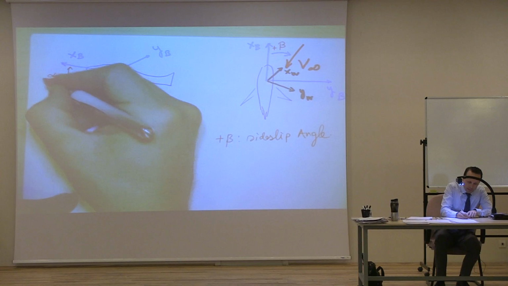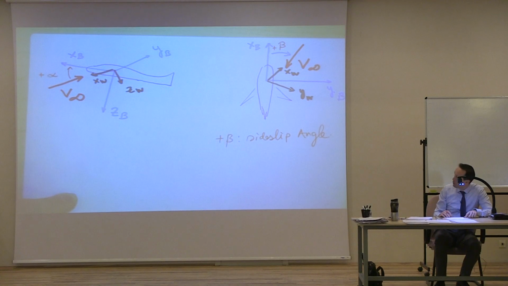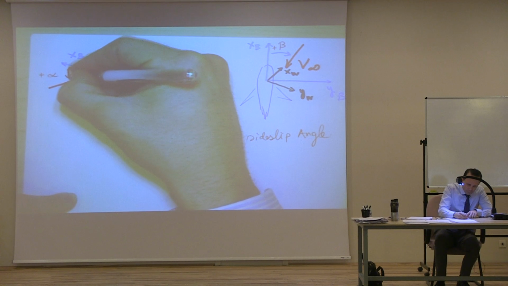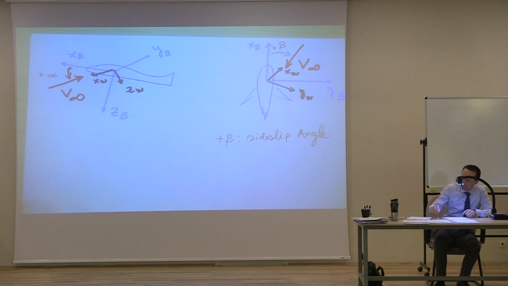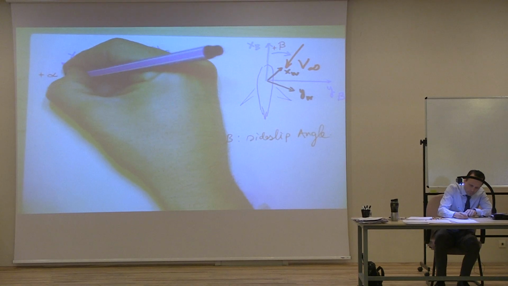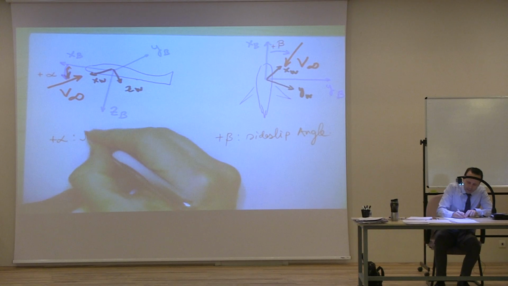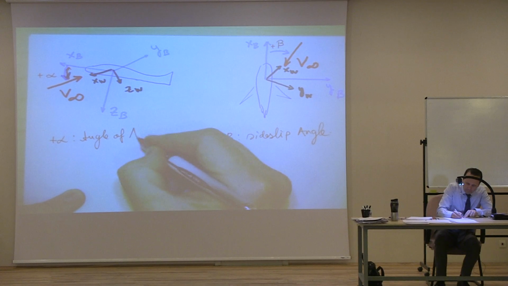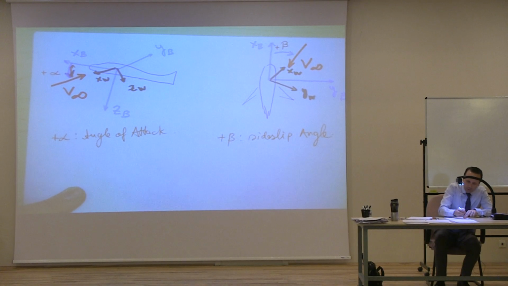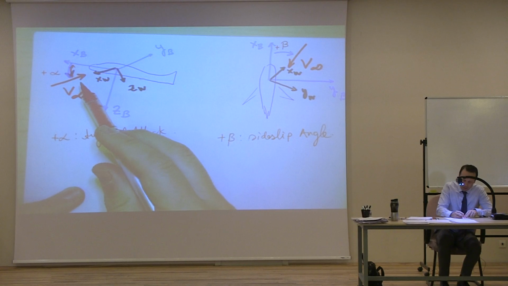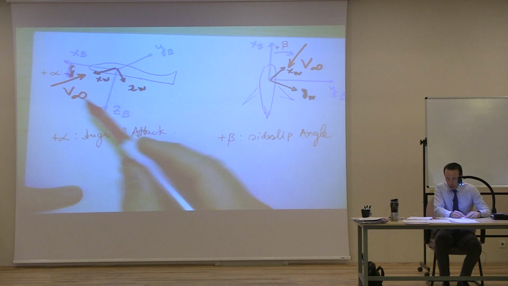And this one here is typically a positive alpha, if you show it like that. Do it like this. Sorry, this doesn't look good. Okay, this is what we call the angle of attack. And going down like this, when V infinity is blowing from below somewhat, we call this a positive angle of attack.